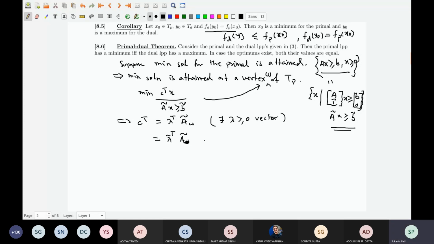what is a tilde? A tilde has two parts. One is A, one is I, right?